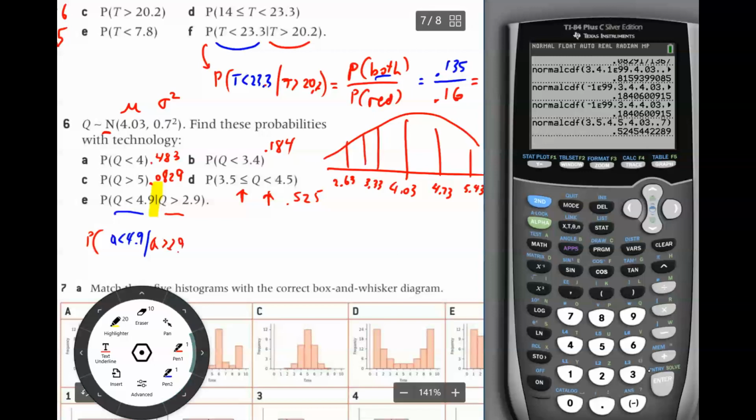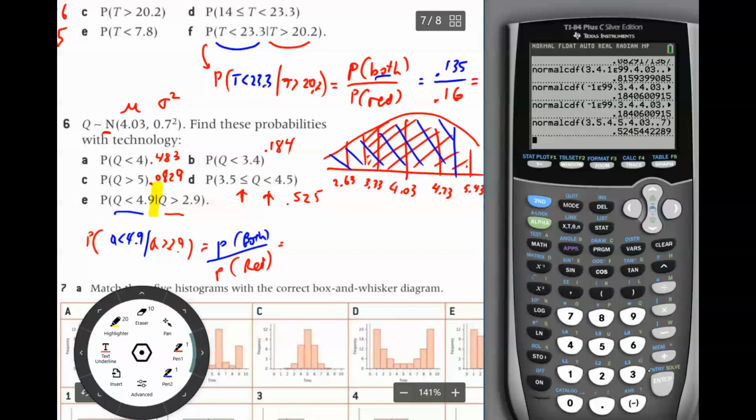That would be this area here. And what does less than 4.9 mean? That would be this area here. And the overlapping area where both happen, that goes in the numerator. So we want the probability of both divided by the probability of the red.